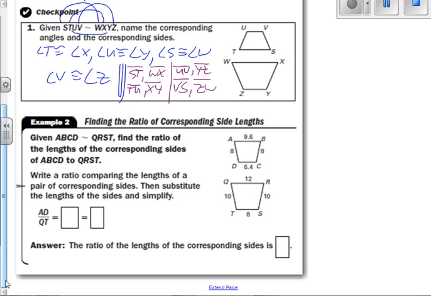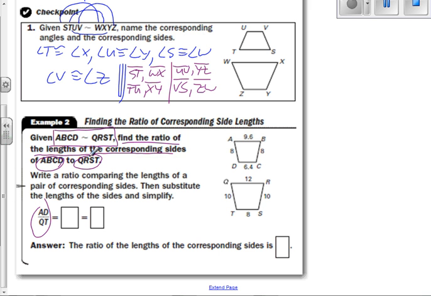Example 2, finding the ratio of corresponding side lengths. This one we've already done, so this should be fairly easy. We need to make sure that we understand the key here. We're given ABCD is similar to QRST. Find the ratio of the lengths of the corresponding sides of ABCD to QRST.